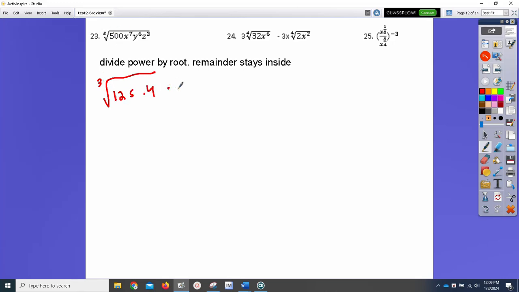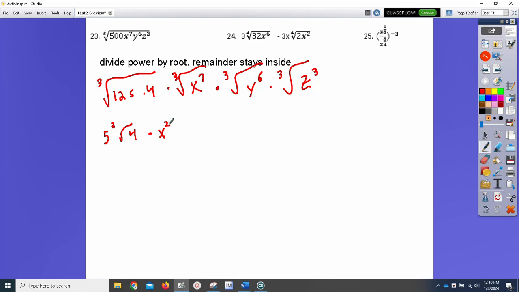Here I have the cubed root of x to the 7th. And here I have the cubic root of y to the 6th times the cubic root of z cubed. That's expanding everything. The cubic root of 125 is 5. So I have 5 cubic roots of 4 left over. 3 enters 7 twice, so times x squared. Cubic root of x left. 3 enters 7 twice, remainder is 1.